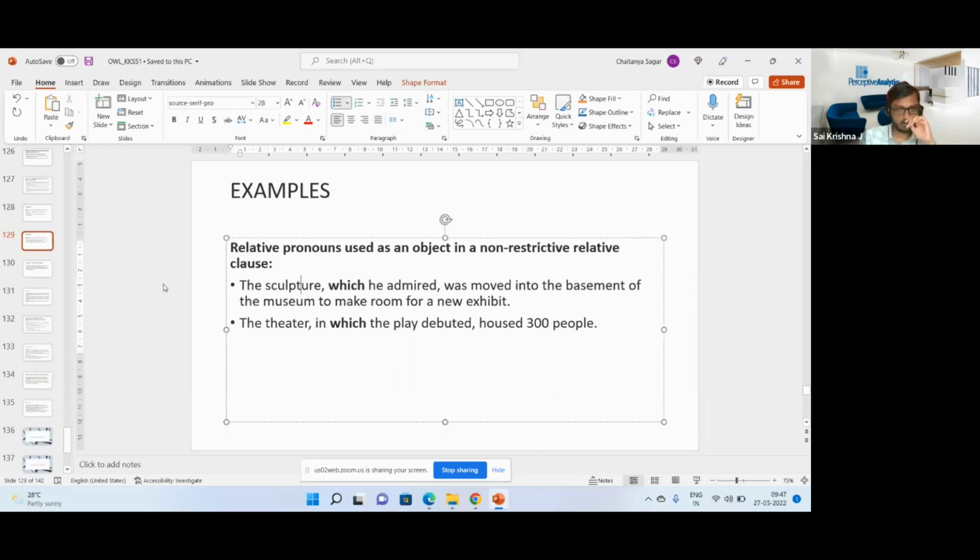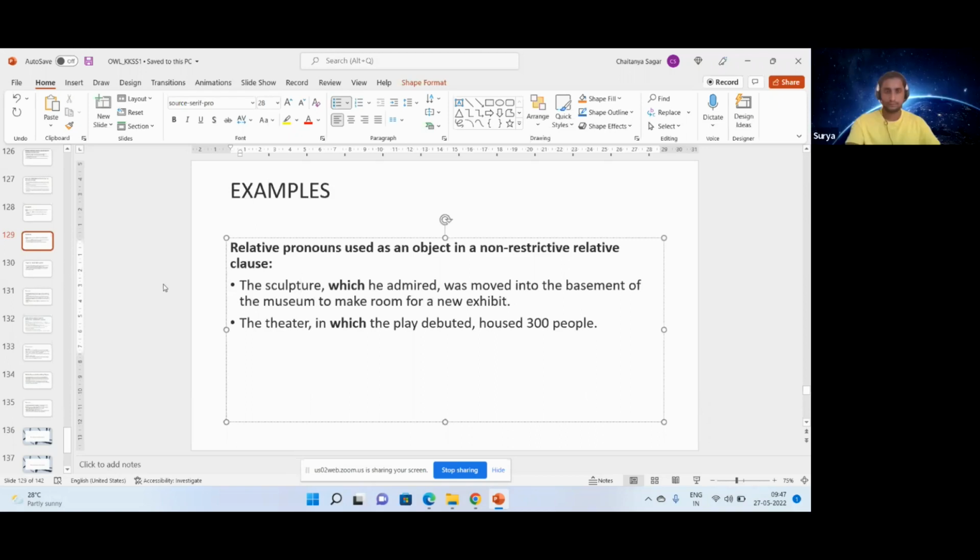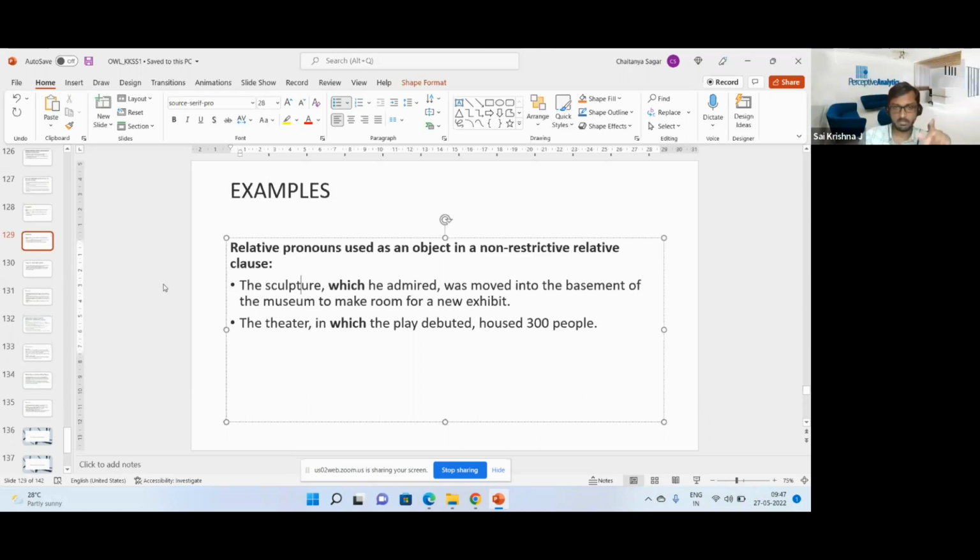I forgot the exact name, but they split the sentence into these different components. So sculpture we call a subject, and which he admired becomes an adjunct. Was moved is the verb. Subject, adjunct, verb, complement, there is this thing that people do. I think still the sculpture will be the subject, sculpture only.